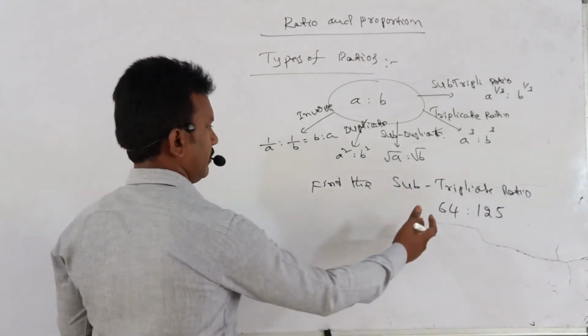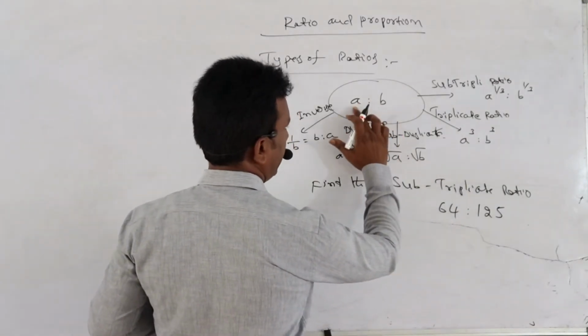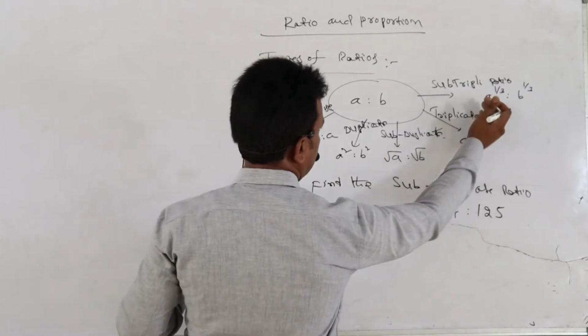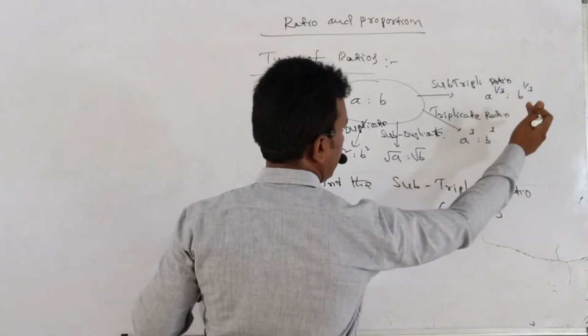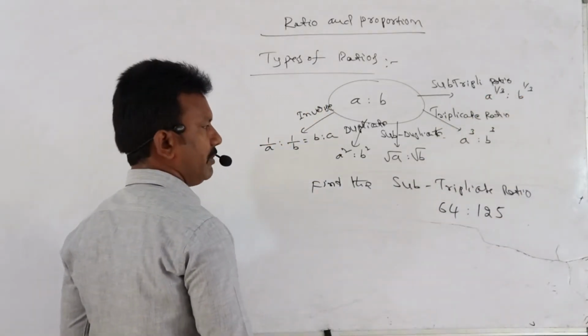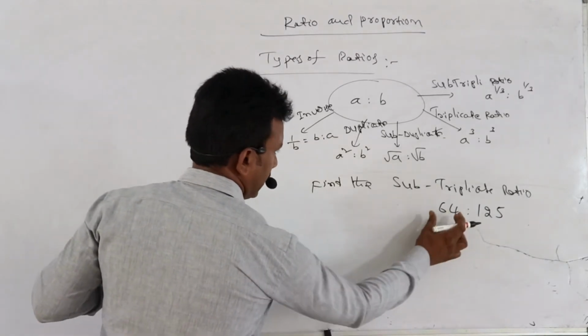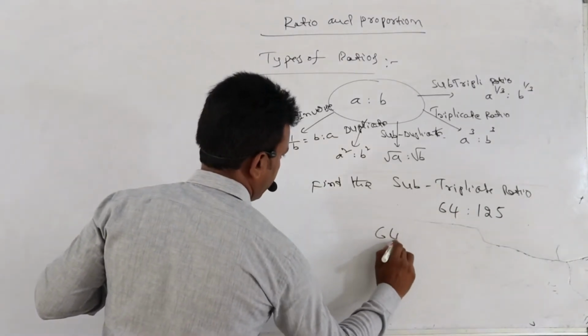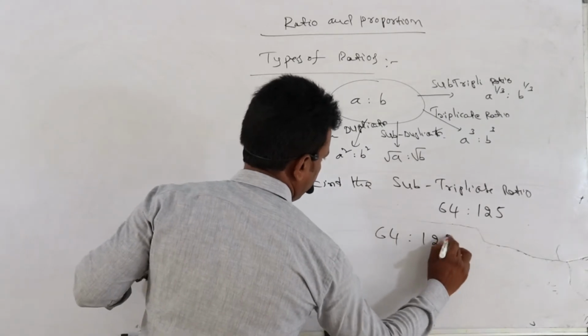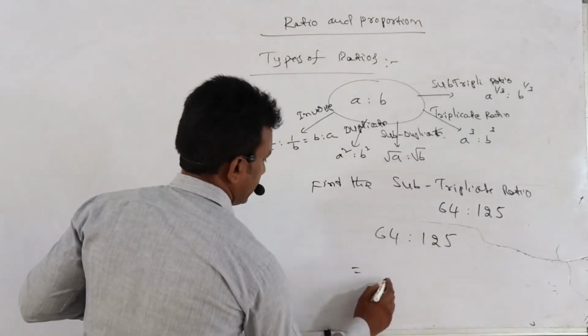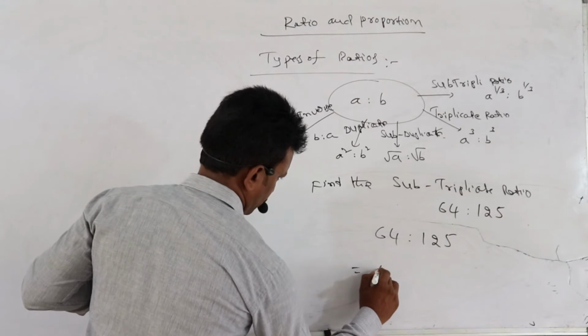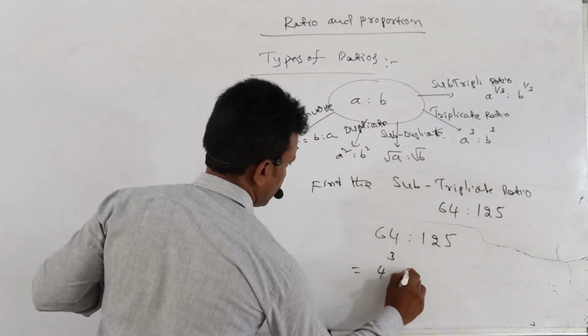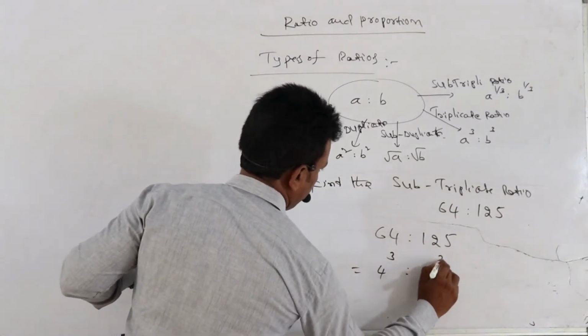So in this one, we follow the condition. Maybe A is to B is our ratio. We write the form A power 1 by 3 is to B power 1 by 3. So here we write the given ratio 64, 125 as 4 power 3 is to 5 power 3.